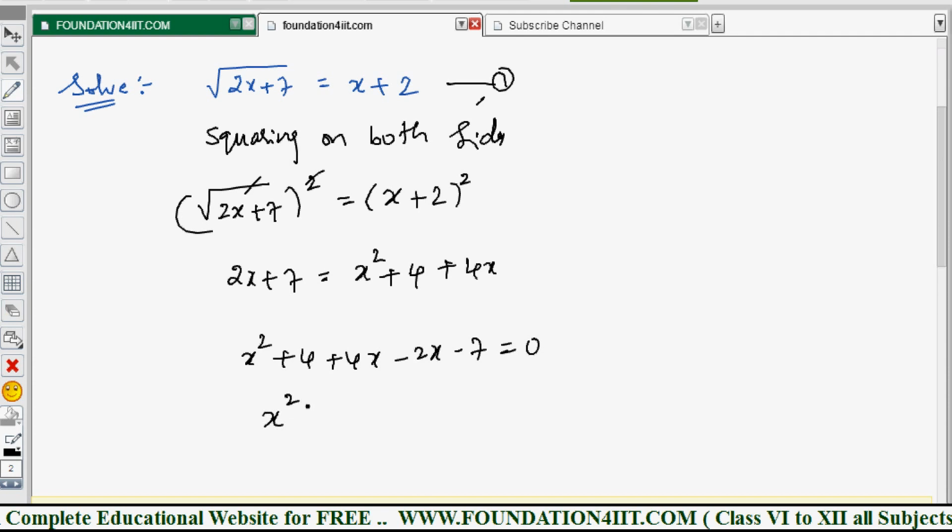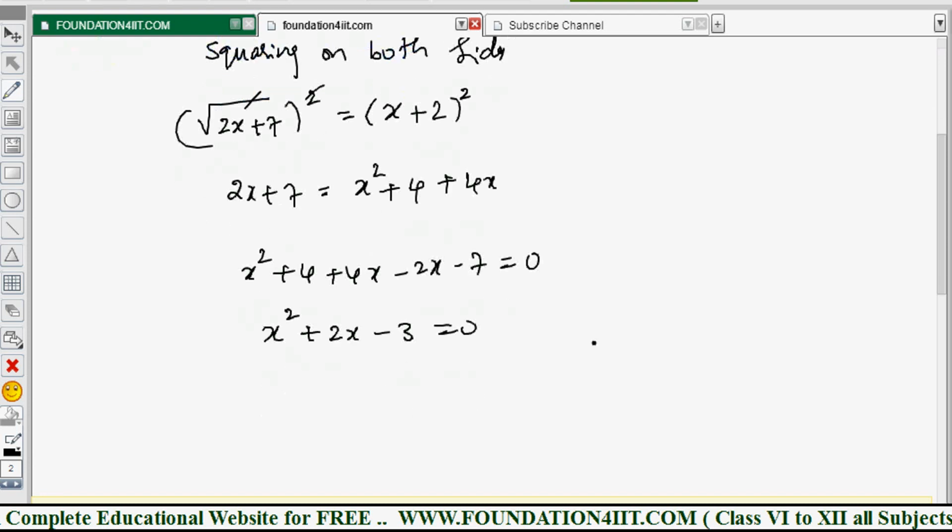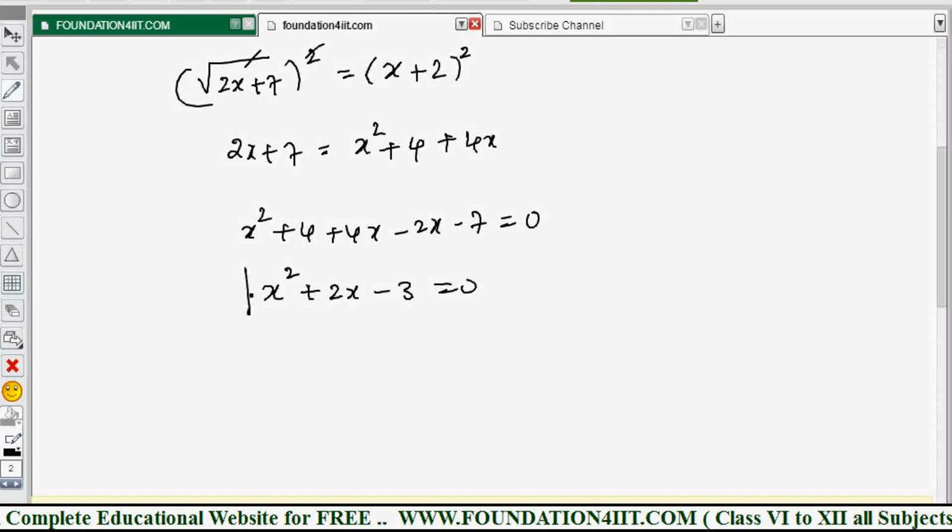In general form, this is x square plus 2x plus 4 minus 7, which is minus 3, equal to 0. Now this is the general form of a quadratic equation. We'll get two answers, but how to check which is exactly correct is important in this type of question.